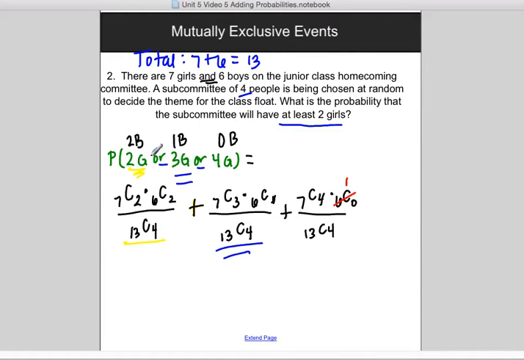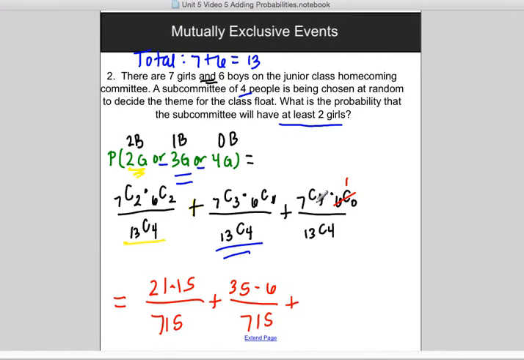On your calculator, if you do 7C2, and I would recommend checking it, 7C2 is 21 times 6C2 is 15, over 13C4 is 715, plus 7C3 is 35 times 6C1 is 6, all over 715, plus 7C4 is 35 times 1, over 715. 21 times 15 is 315. 35 times 6 is 210.